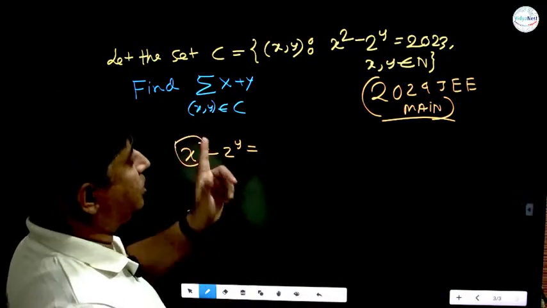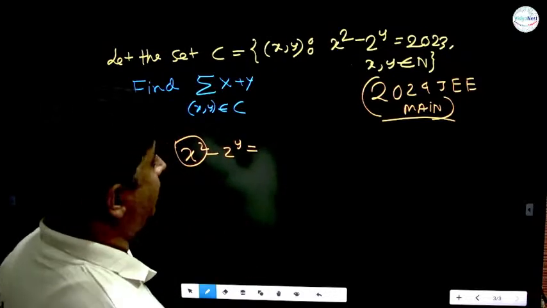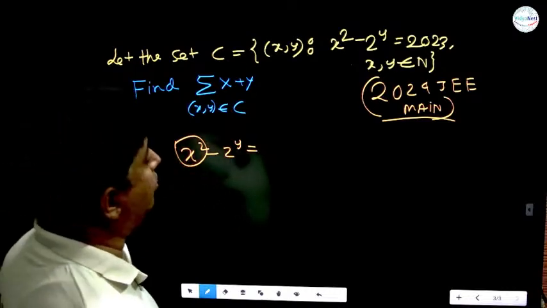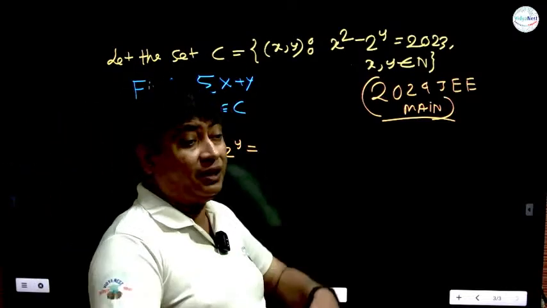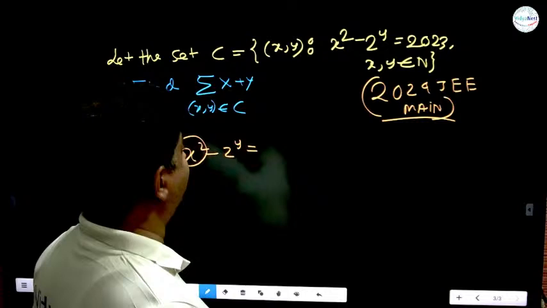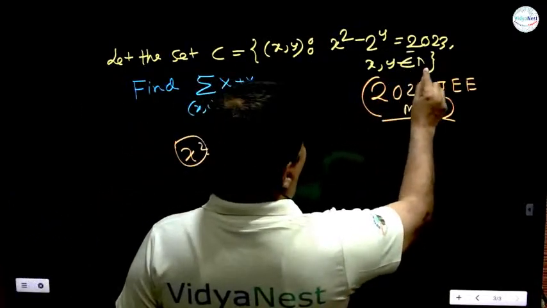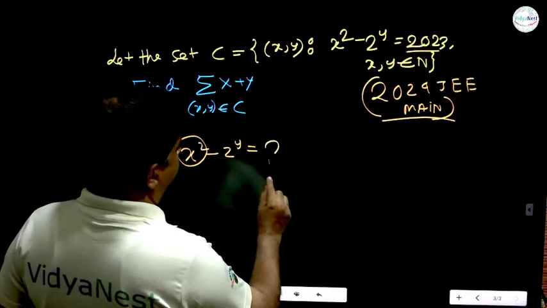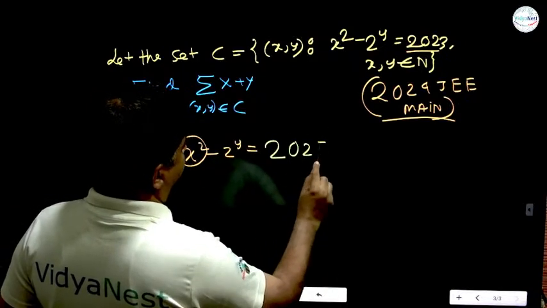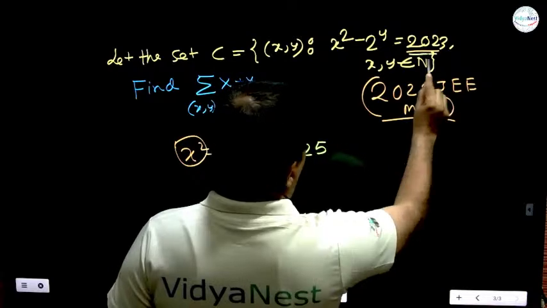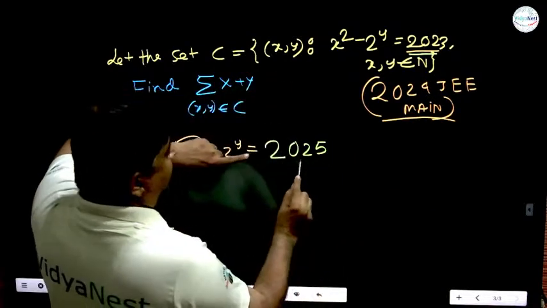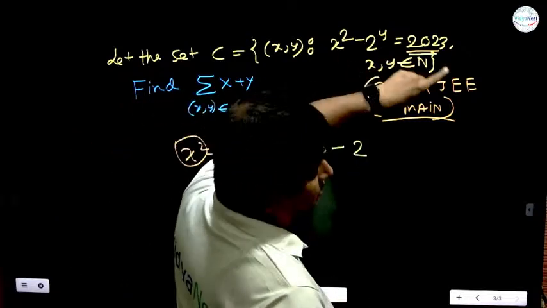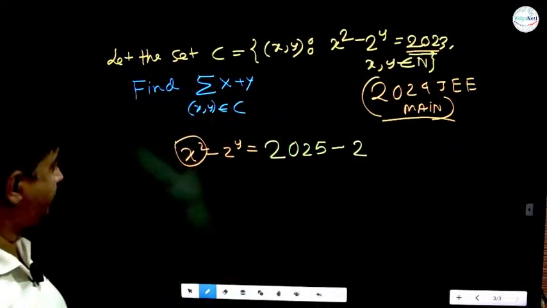So 2023, by the concept of yesterday's rule of finding square root, you can get that its nearest square value is 2025. So instead of 2023, you can write 2025 minus 2. That is the same as 2023.